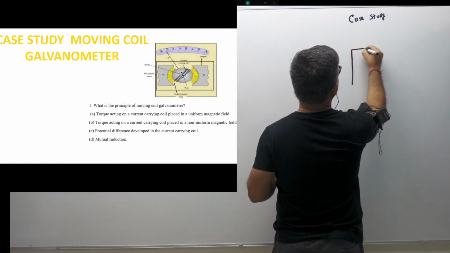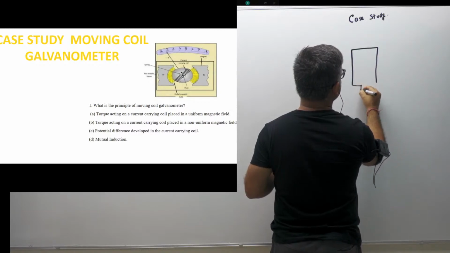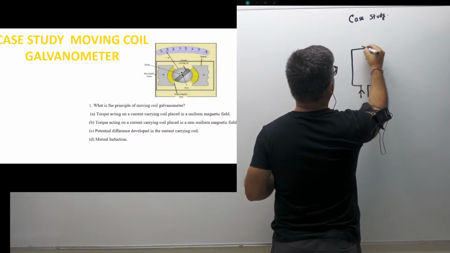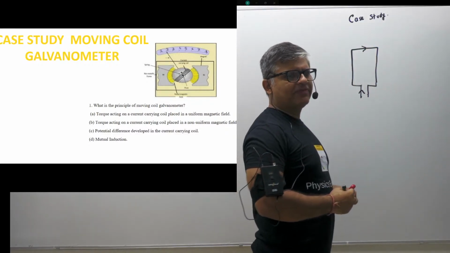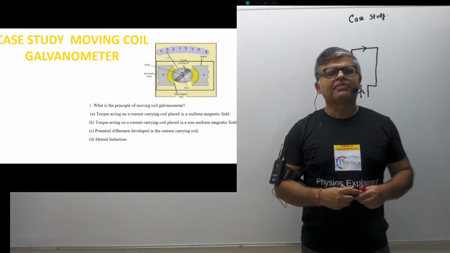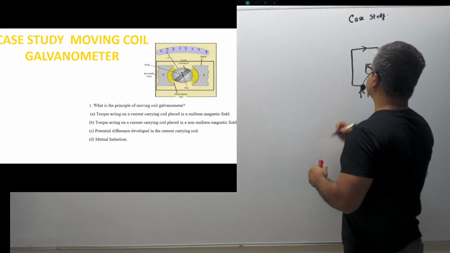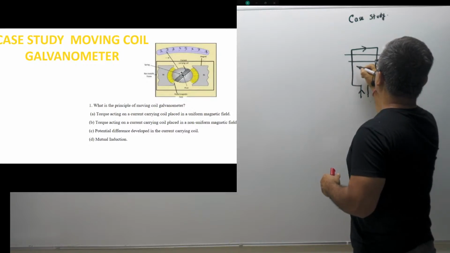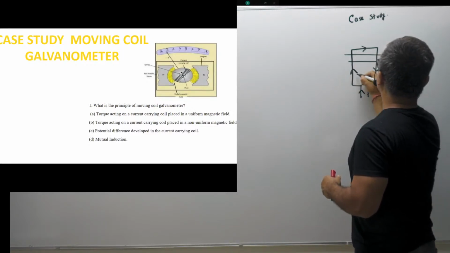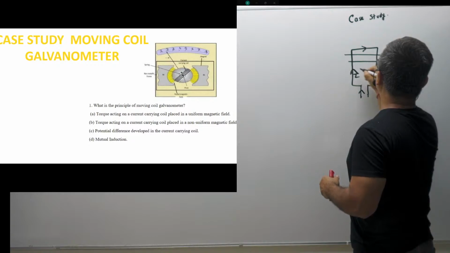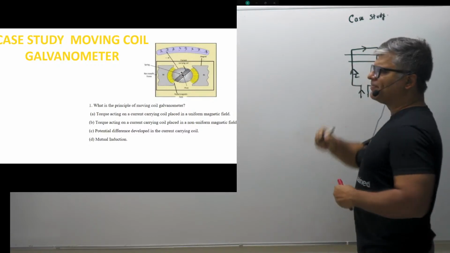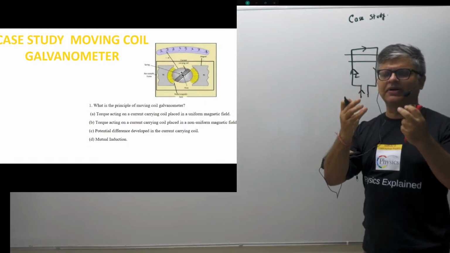So if this is your coil, and it is getting current from the circuit, right? This is the coil. The coil is getting current from the circuit, and is experiencing force on these two sides. So you have this magnetic field, right? And this is your current, and this is your magnetic field, B, okay? Coming from the concave magnetic poles.